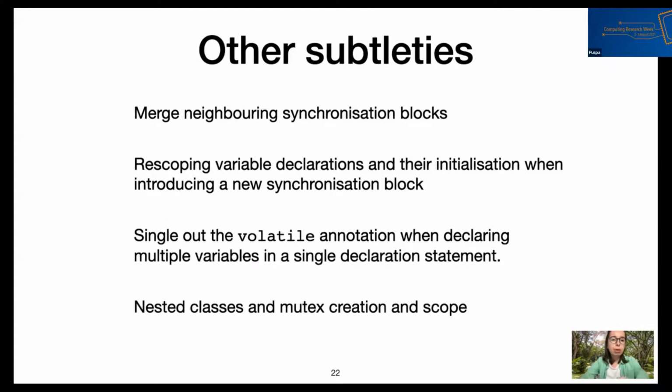Care must also be taken when HIPPODROME singles out volatile annotations from contexts where a single declaration statement contains multiple variables, or to carefully handle the scope when dealing with nested classes.